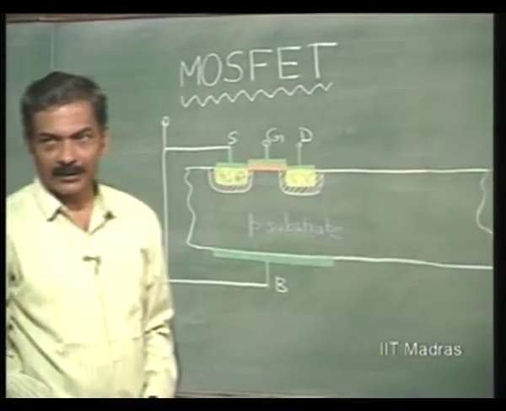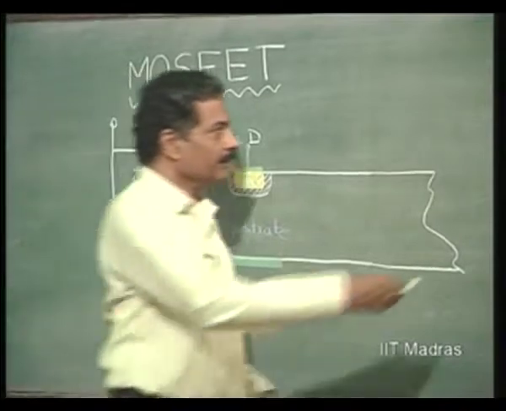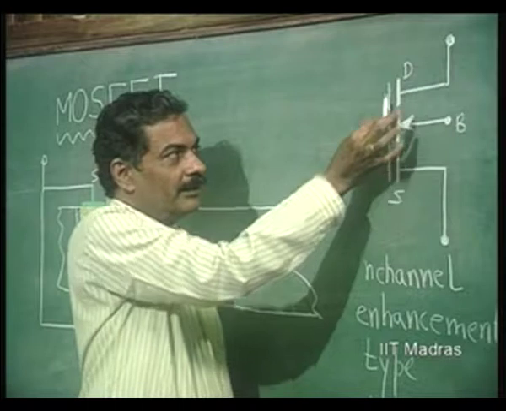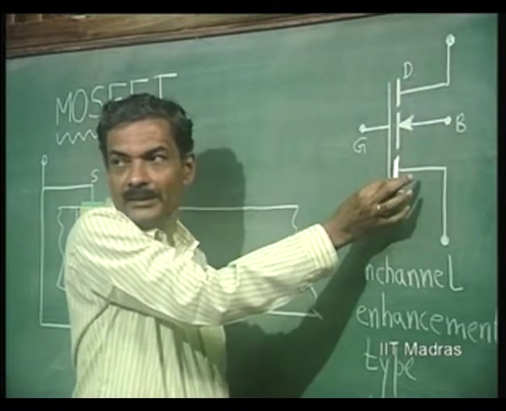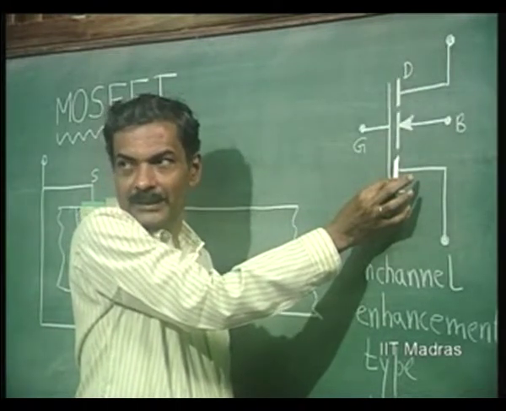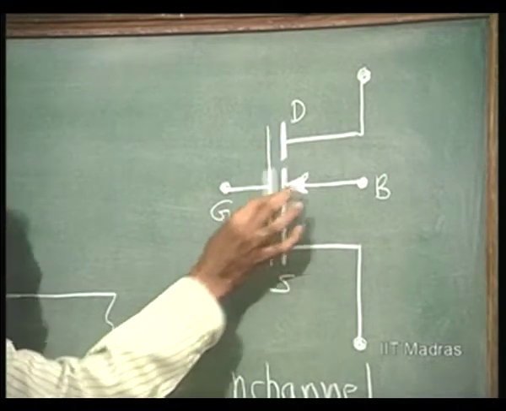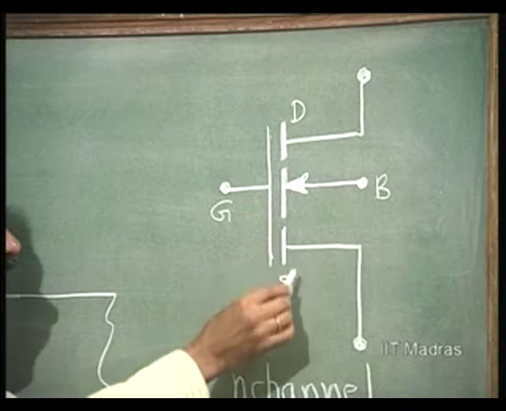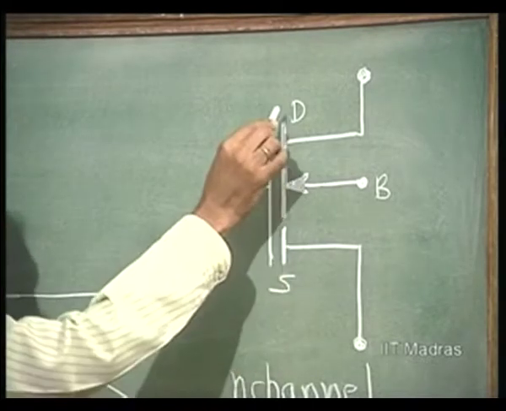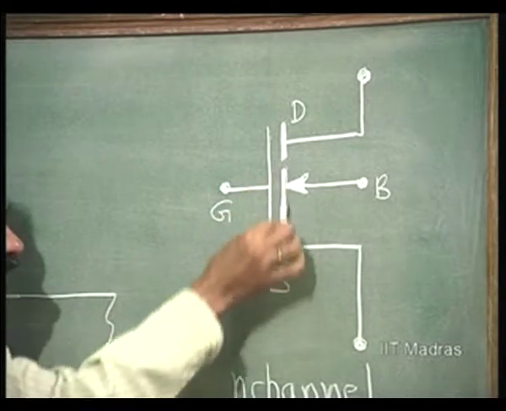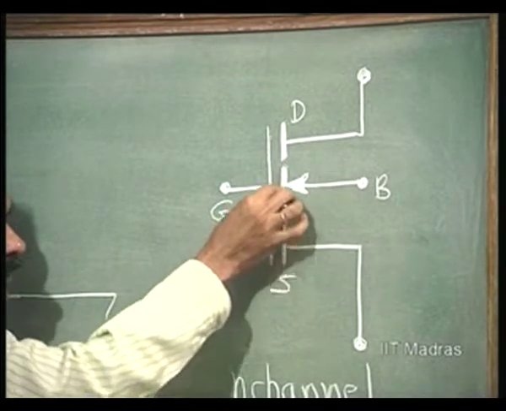Let us try to understand the symbol for the MOSFET. Gate is insulated from the parent material where the channel exists. So, that is the gap. Then we have the source and drain isolated from, okay, this is this channel.